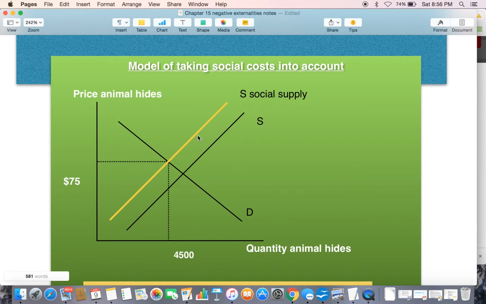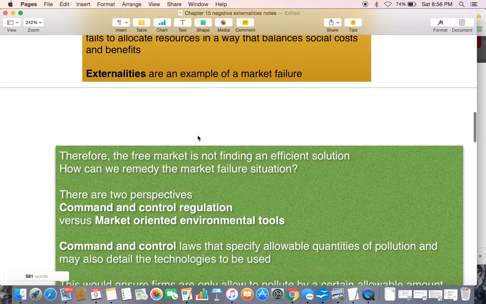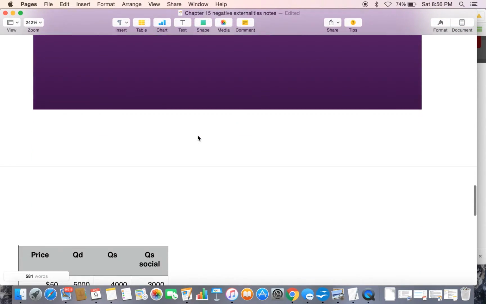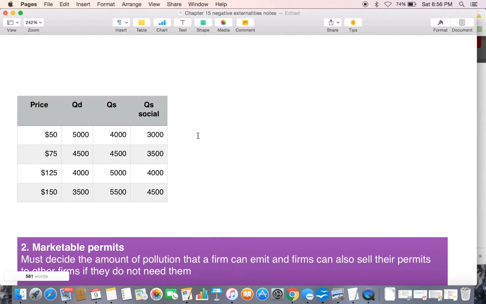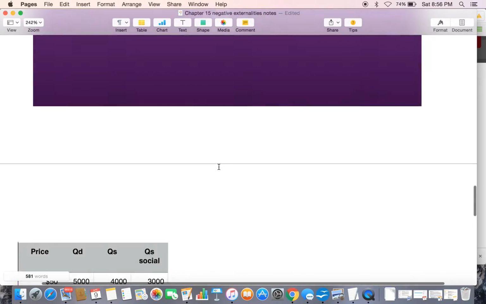Now, what is the equilibrium quantity that will be supplied and demanded, and also the price that will be transacted in the market? We see now that the equilibrium price and quantity is that each hide will cost $125 and the quantity demanded will be 4,000 and the quantity supplied will be 4,000.